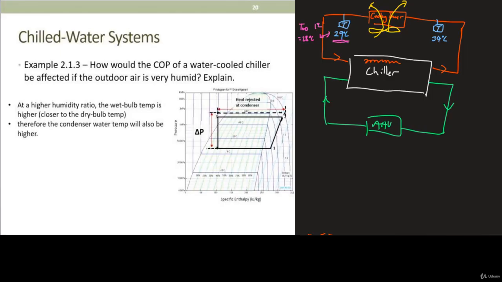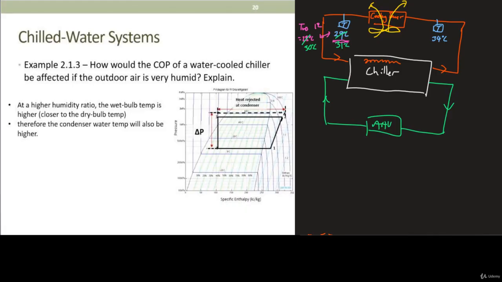So let's say your wet bulb temperature is not 28. During a rainy day, it can be up to, let's say, 30 degrees Celsius. If the wet bulb temperature is 30 degrees Celsius, the water that comes out from the cooling tower cannot be at 29 anymore. The lowest it can get is 30, or maybe even 31 degrees Celsius.